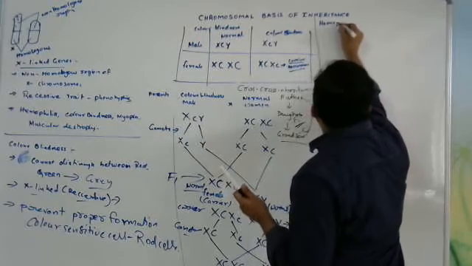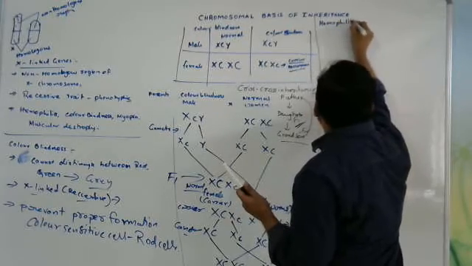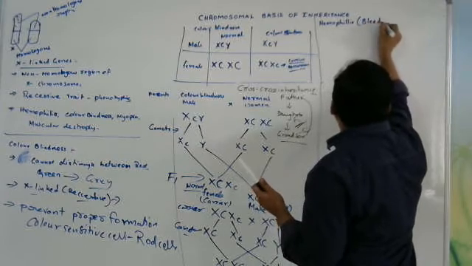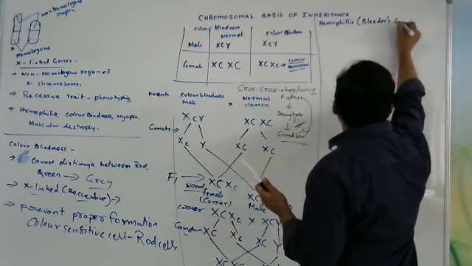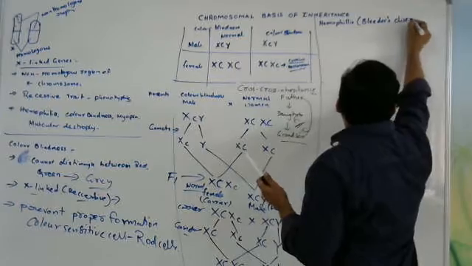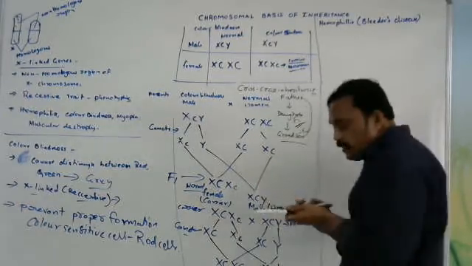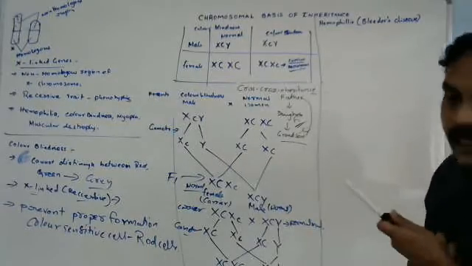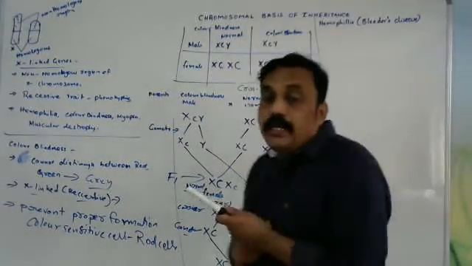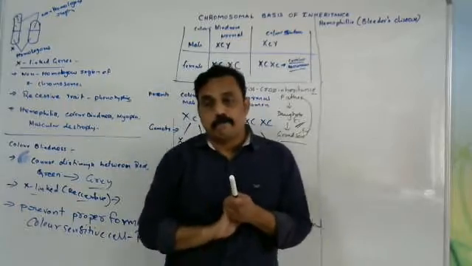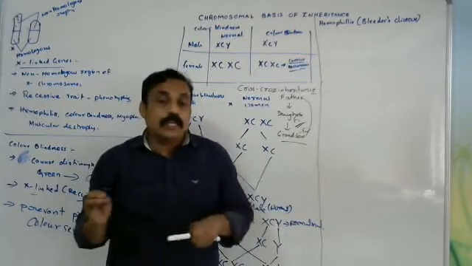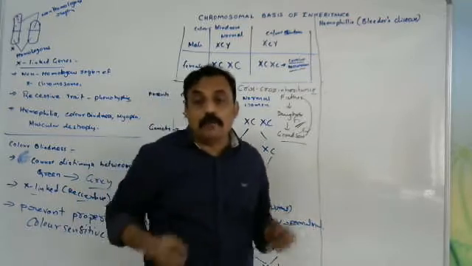Now, hemophilia, one more disease. Hemophilia is also nothing but bleeder's disease. What is the meaning of bleeder's disease? For those who are infected with bleeder's disease, what happens if they meet any injury? If they get any injury, the blood keeps flowing. It does not clot within a short time.